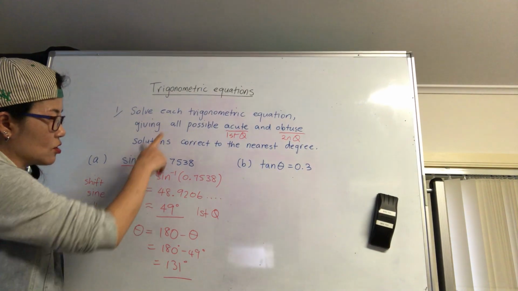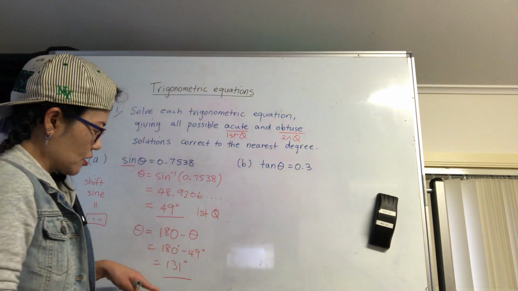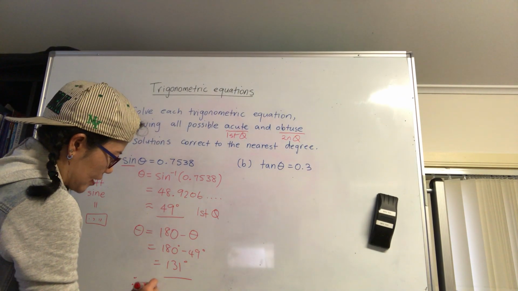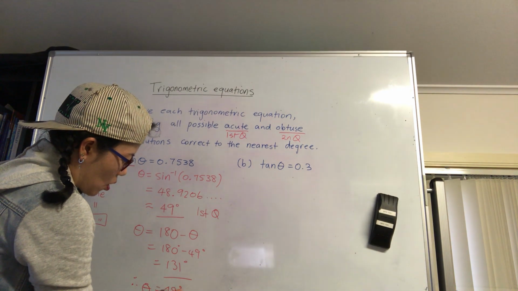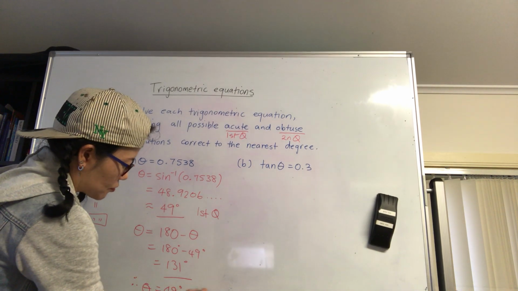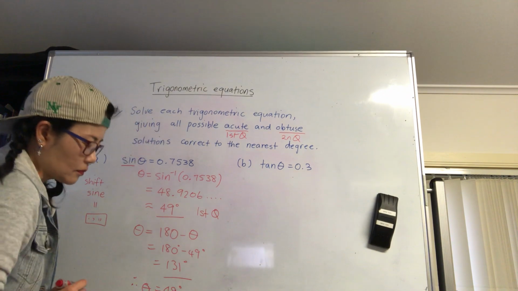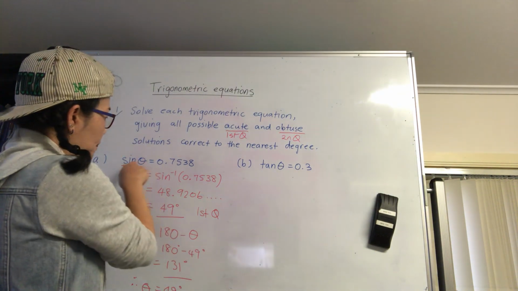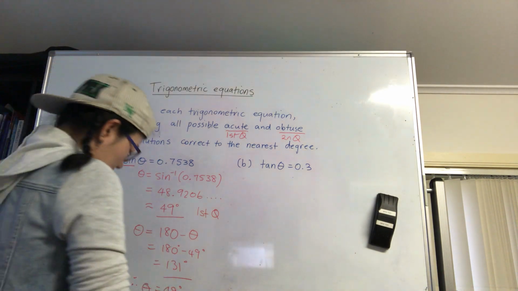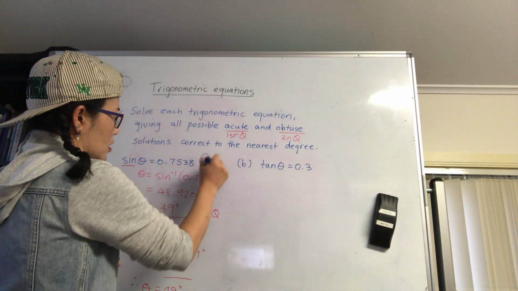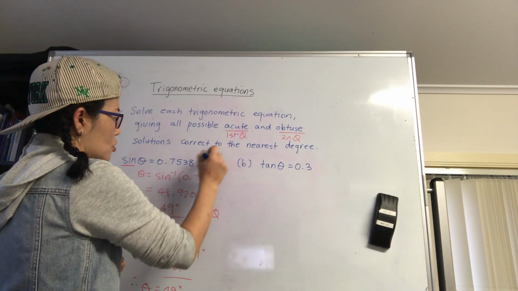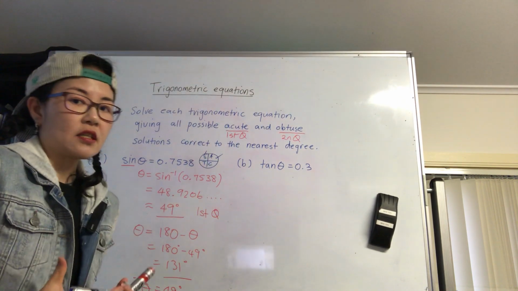So the answer is theta is 49 or 131 degrees. It could be in the first quadrant or the second quadrant, to get positive sine theta. Remember, positive sine theta: All Stations To Central. In the first and second quadrants, sine is positive.